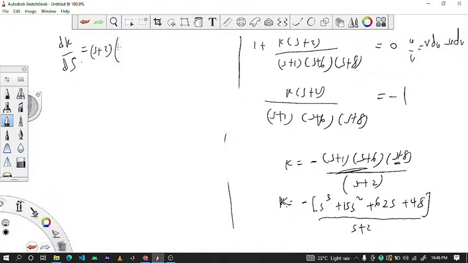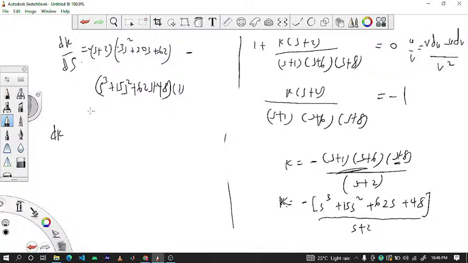I'll get, don't forget there's a minus that I'm not bringing, okay, let me bring it here: 3s squared plus 30s plus 62, minus top times differentiate the down. If I differentiate the down, I'll get 1. I have it like this, all over v squared. So I'll do this and divide it by s plus 2 all squared.